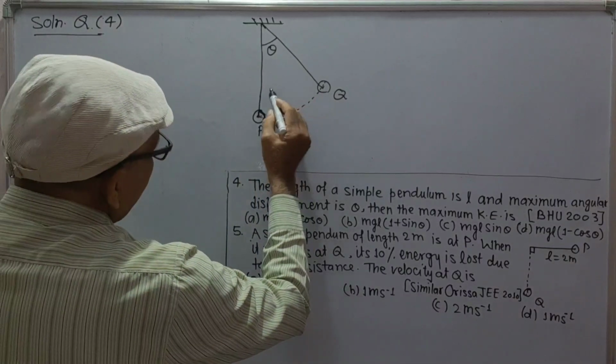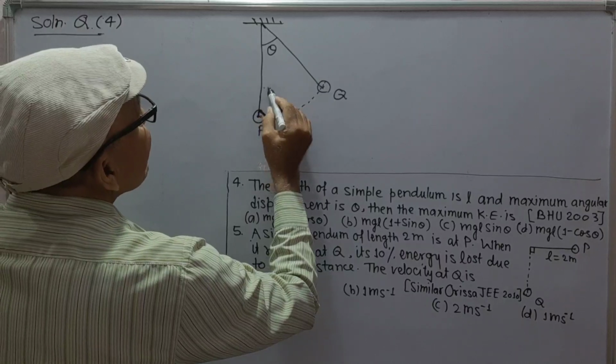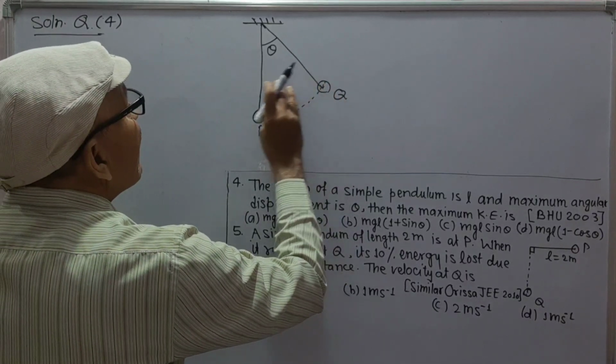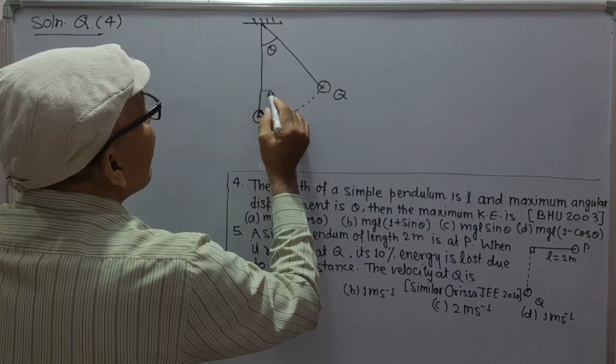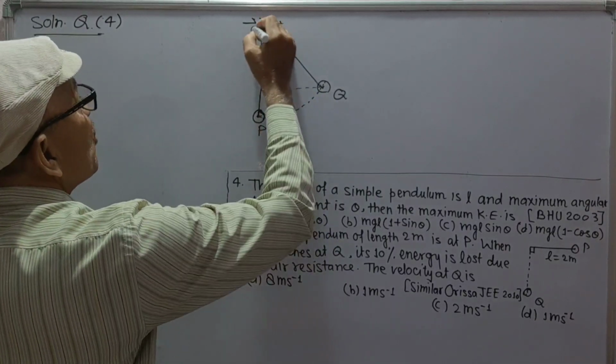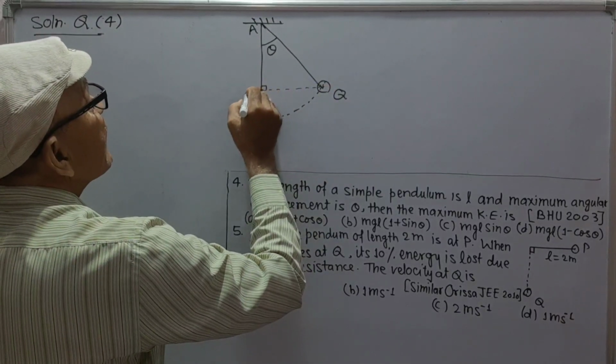Then the perpendicular from point P to the vertical line, suppose this point is A, this is P, this is Q, and this is B.